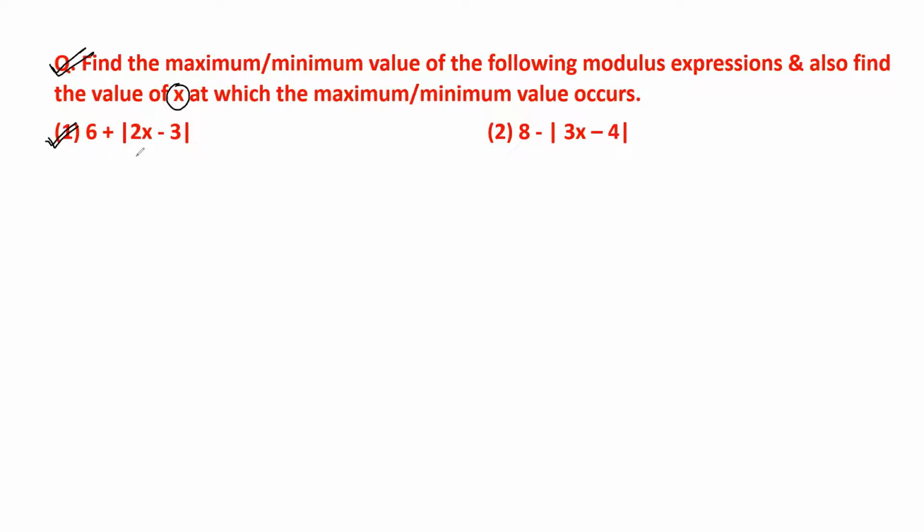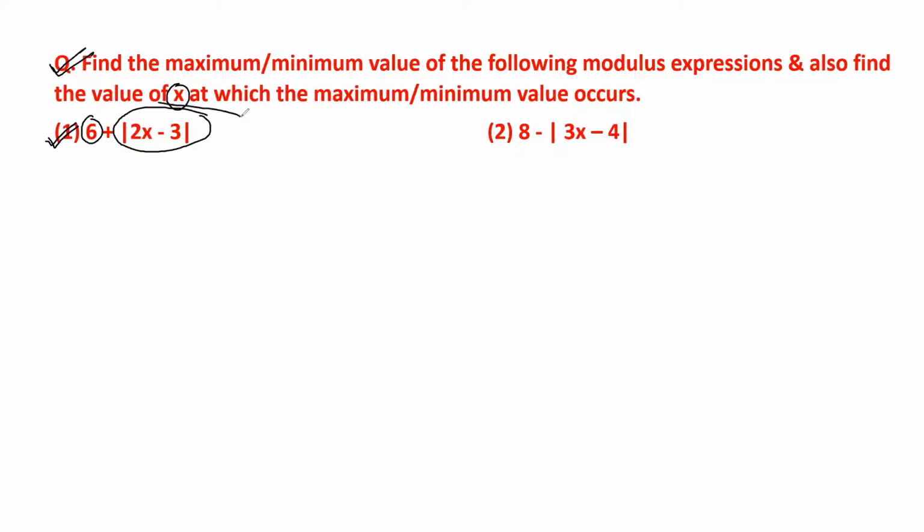So here the expression is 6 + |2x - 3|. We know that 6 is a constant and we are adding some number to it. And we also know that the mod of this will always attain a value which would be greater than or equal to 0.